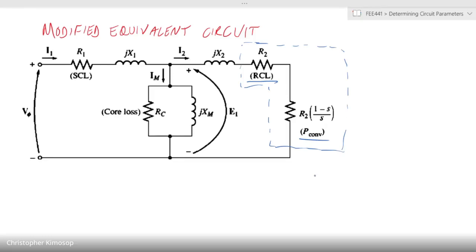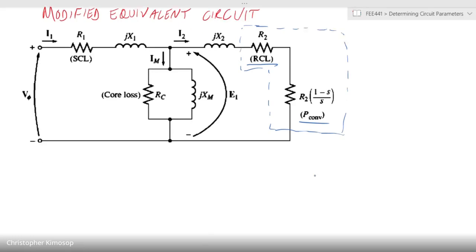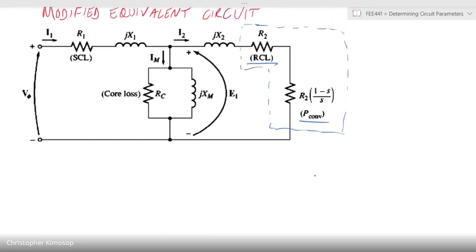Now, what happens next? When we have these elements in this configuration, we can look at the slip. When there is no load applied, it means that a majority of the power passing through from the input side will reach the converted side.